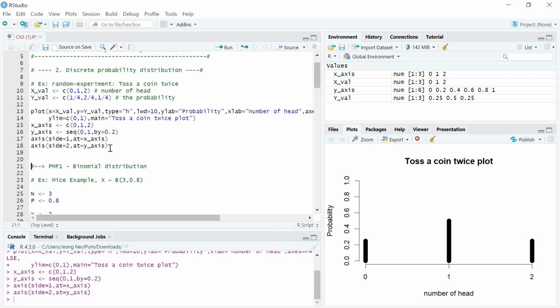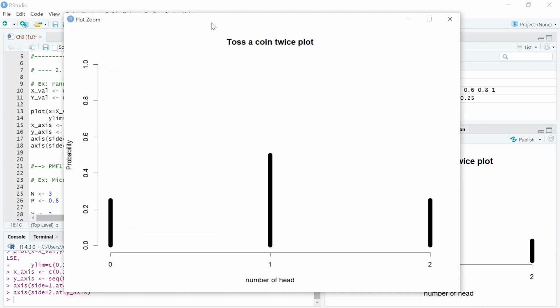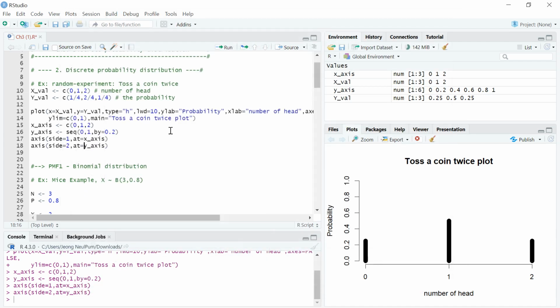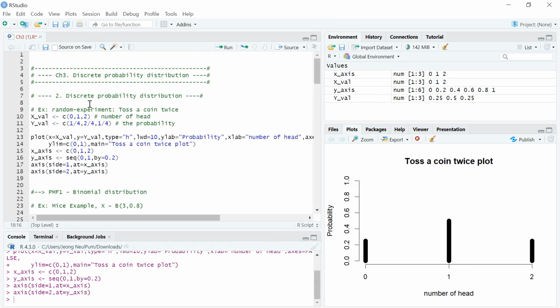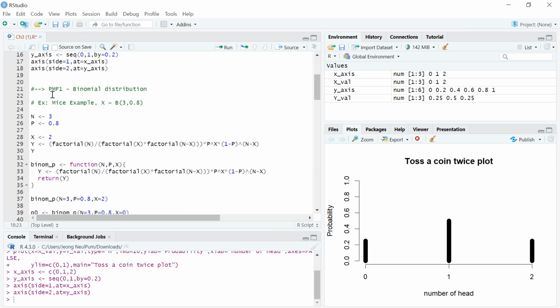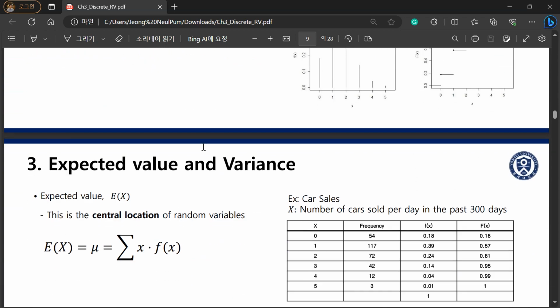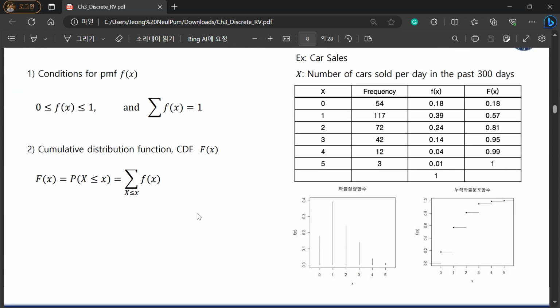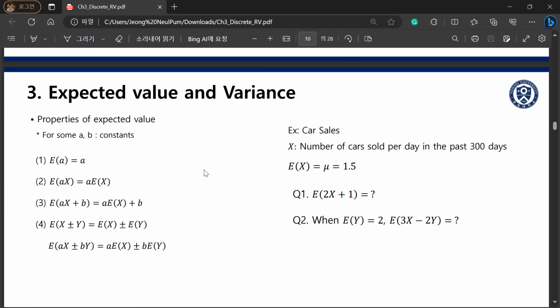With the other code running, we can also see the result of visualizing the graph of the discrete random variable, which is very easy. There will be no difficulty in understanding this part. The next R code is about the binomial distribution. As you can see, we skip the expectation or variance for the discrete random variable here.